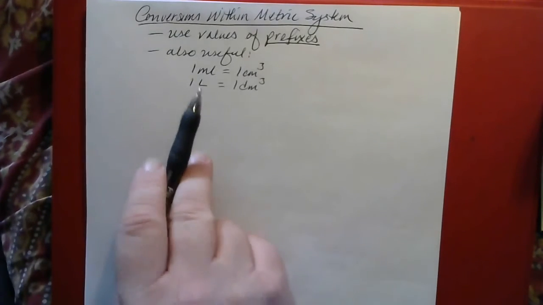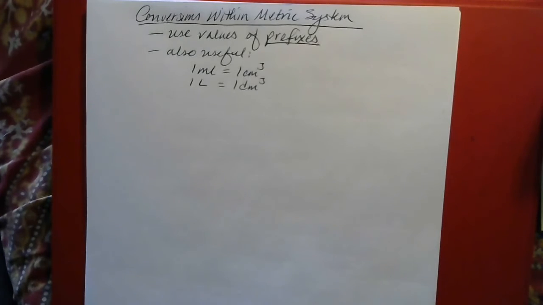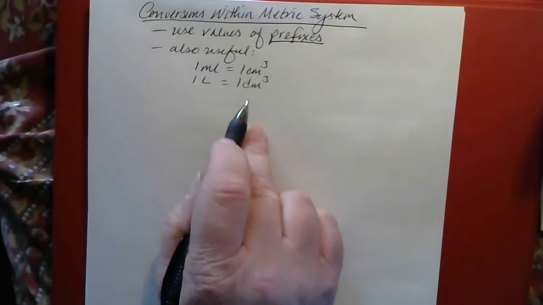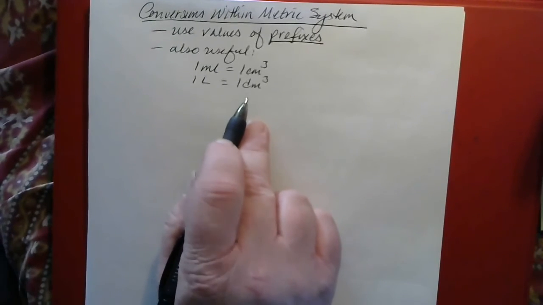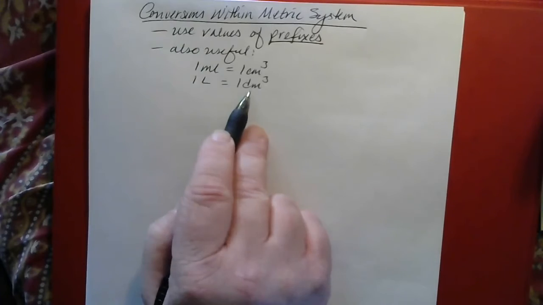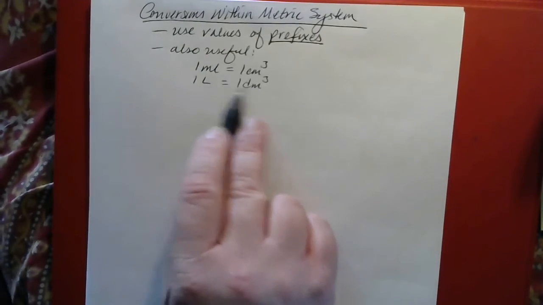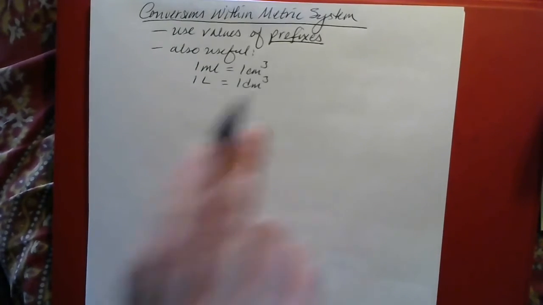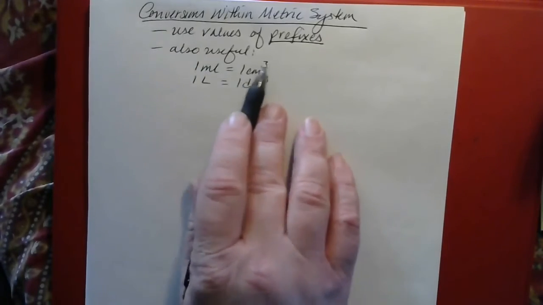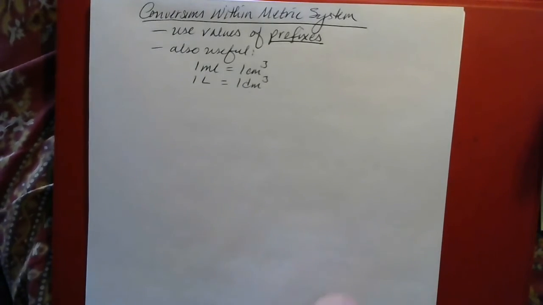This is also useful because liters is the most commonly used measurement for larger volumes in the metric system. But again, cubic meters is the SI unit for volume. So if you get a volume in liters, you can always change it to cubic decimeters because it's the same thing, and then go from there to cubic meters. And we'll see a little later what to do with units that are raised to a power.